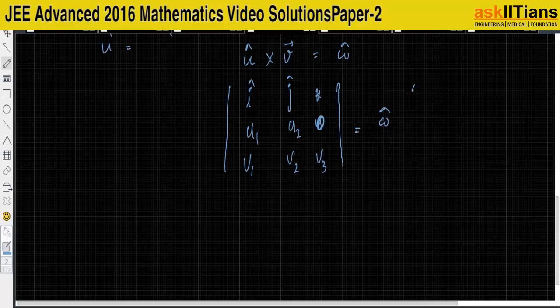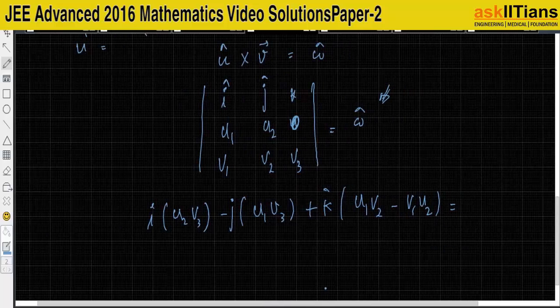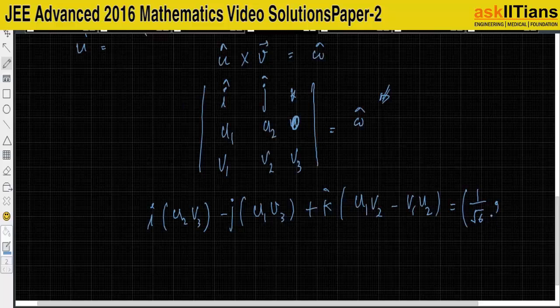We already know the vector w cap. So I'll get i cap times u2 v3, minus j cap times u1 v3, plus k cap times (u1 v2 minus v1 u2), and this entire thing is equal to 1 by root 6, 1 by root 6, 2 by root 6.